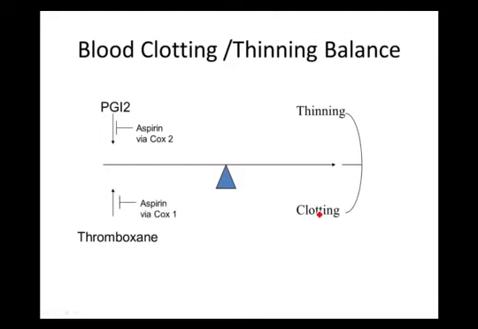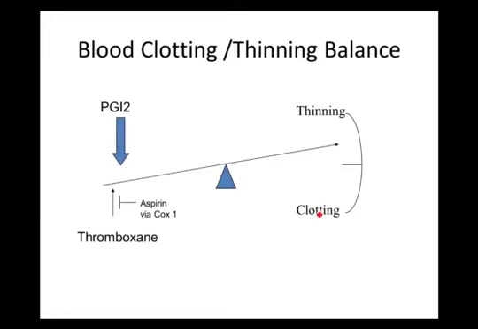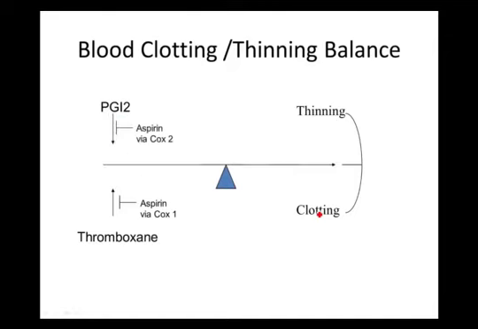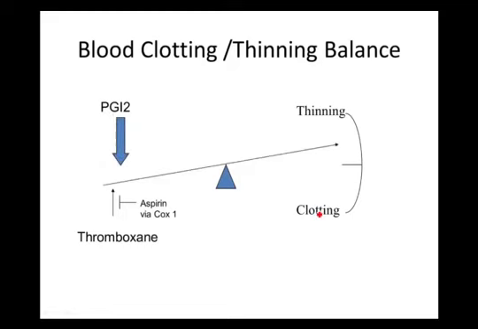You supply aspirin, which is going to inhibit thromboxane synthesis via COX-1 inhibition. Okay. And what happens? Prostaglandin increases. Sorry, prostaglandin increases, which causes the equilibrium to shift to thinning. Right?